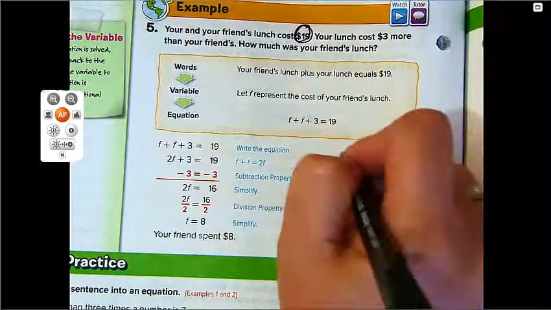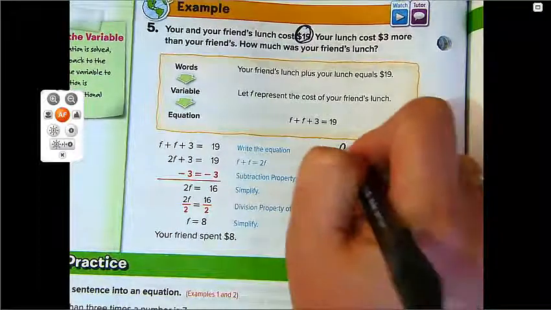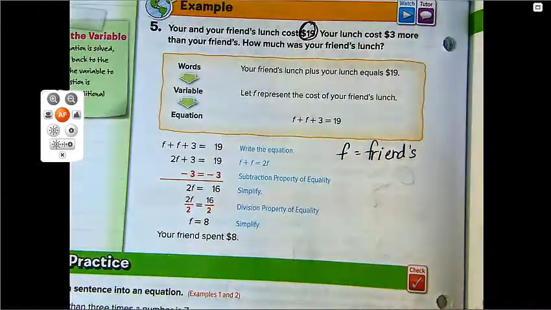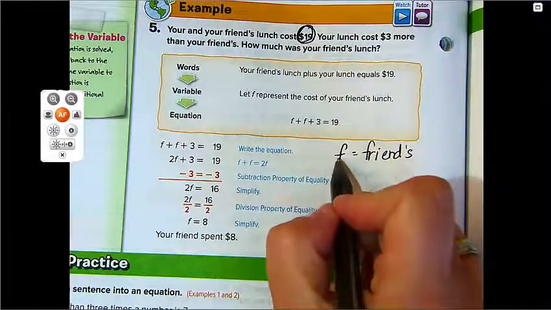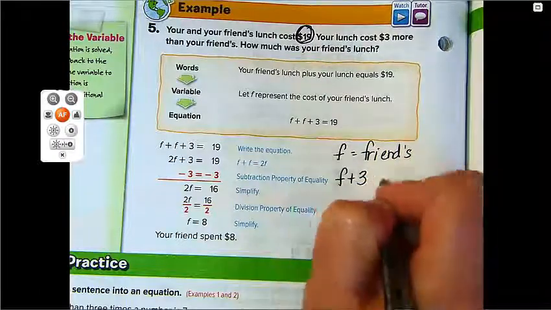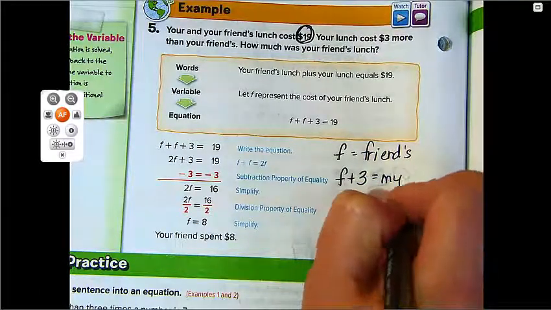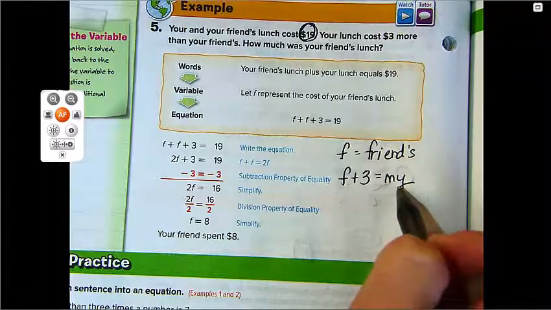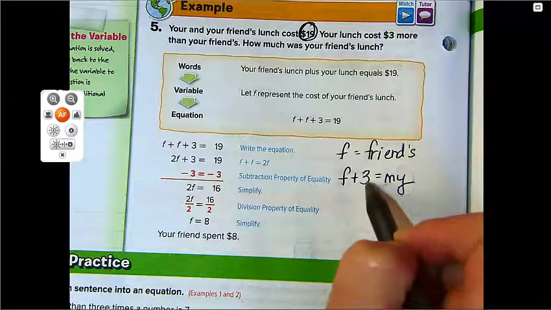So here's your friend's. This is your friend's lunch. And your lunch was $3 more. So how would I show $3 more than my friend's lunch? Well, it's just F plus 3. So here's your friend's lunch, here's my lunch, and together they were $19.